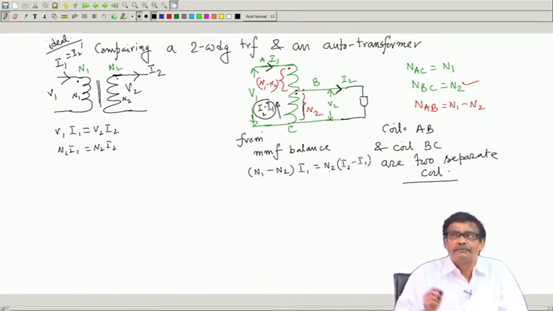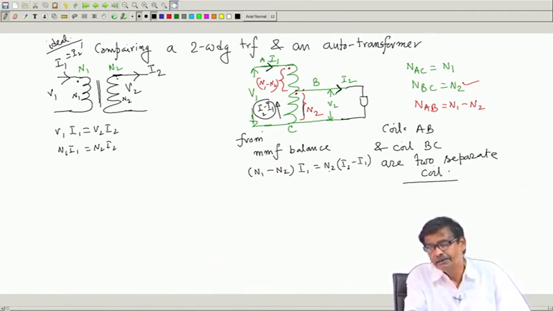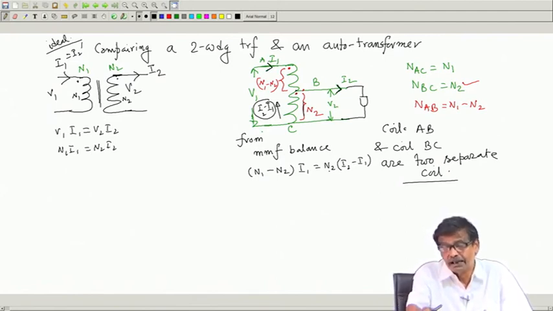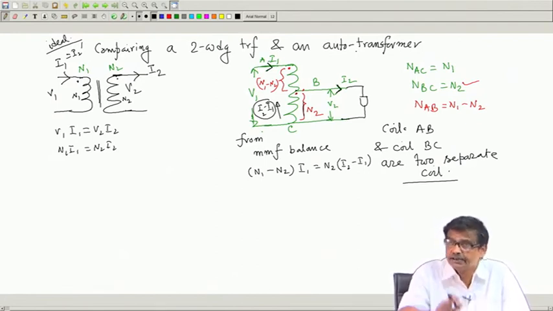This must prevail. No way out. The moment you are trying to draw a current I2 in the load, some current I1 will flow in the primary coil through A, and if this is I2 and this is I1, this current I can correctly show as I2 minus I1 phasors, from bottom to top, and these two MMFs must cancel each other out, so that only this will remain there.